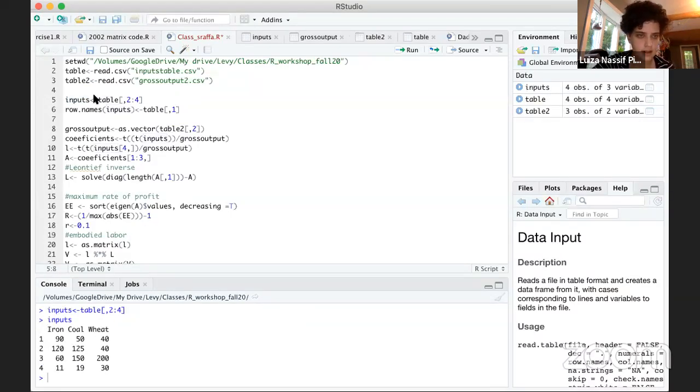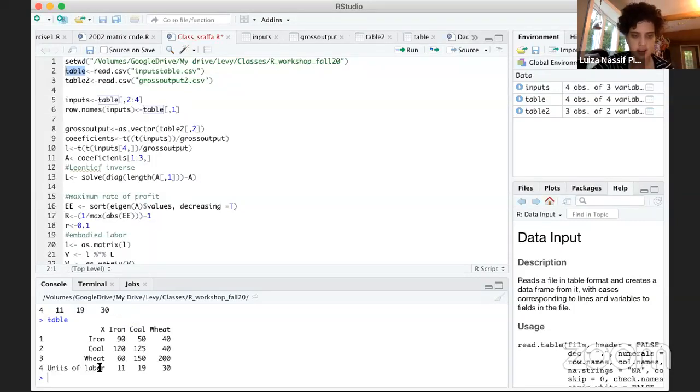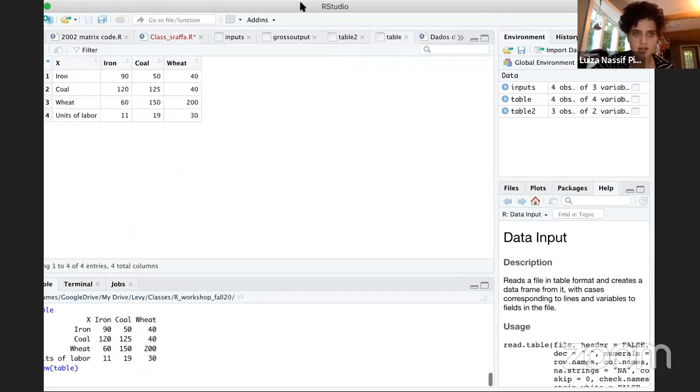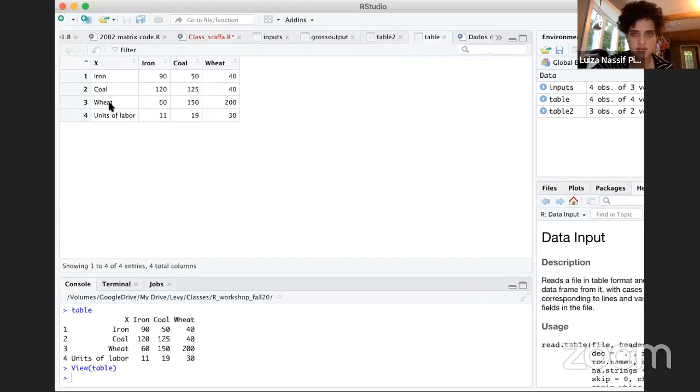So when I loaded this, the row names actually became the first variable. When I look into the table 1 file, as you can see, the first column is the names of those, and I don't want that.